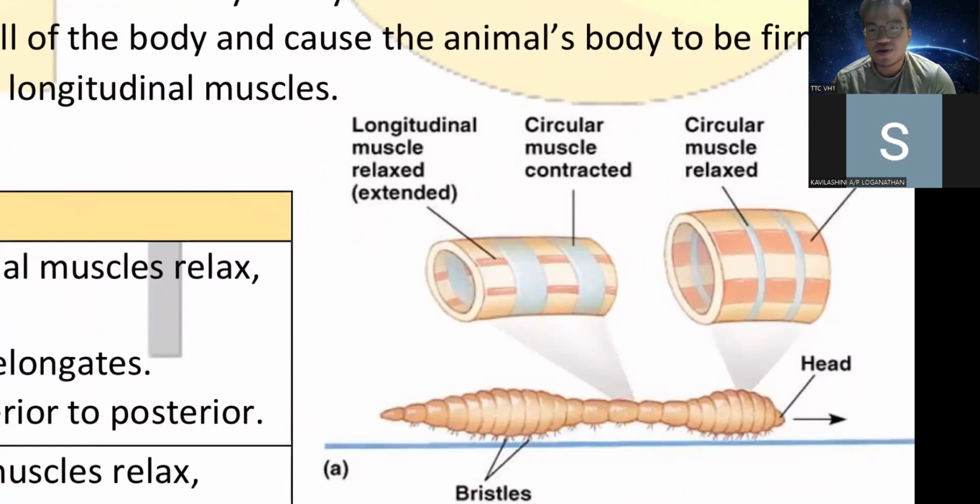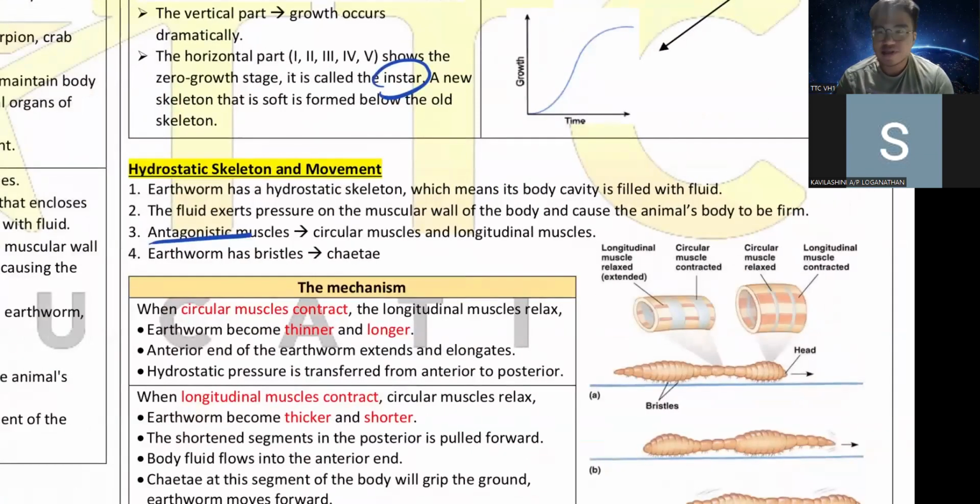So when circular contracts, longitudinal relaxes, the worm will become long and thin. And when circular relaxes, longitudinal contracts, it will go thick and short. Okay, easy, huh? You're going to ask about this also?